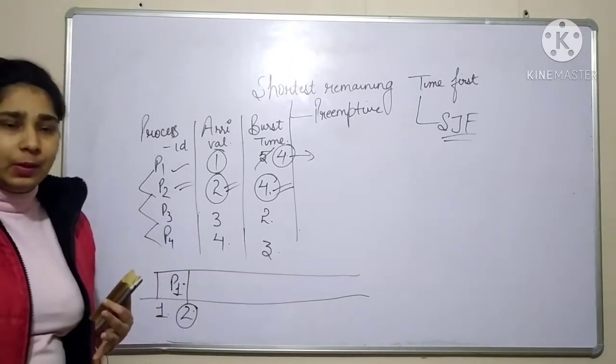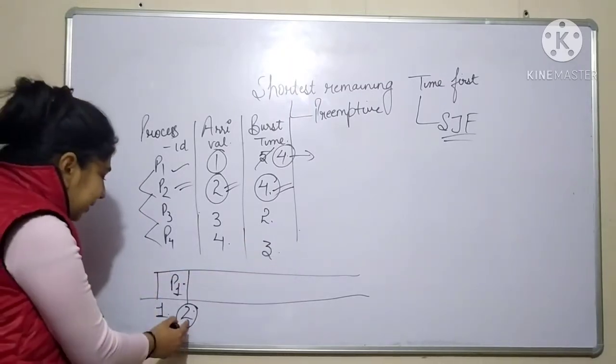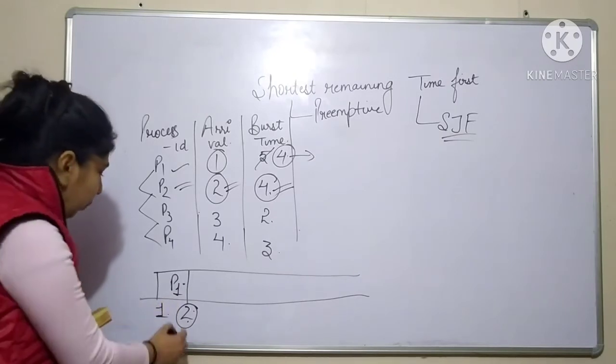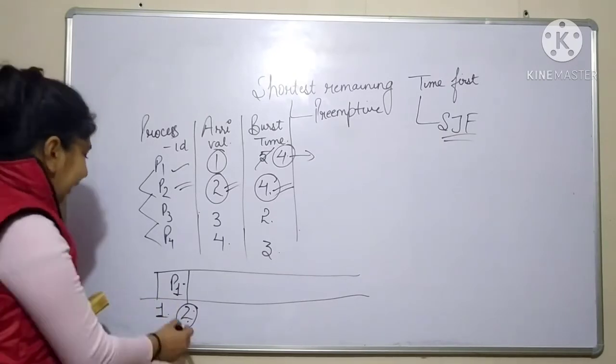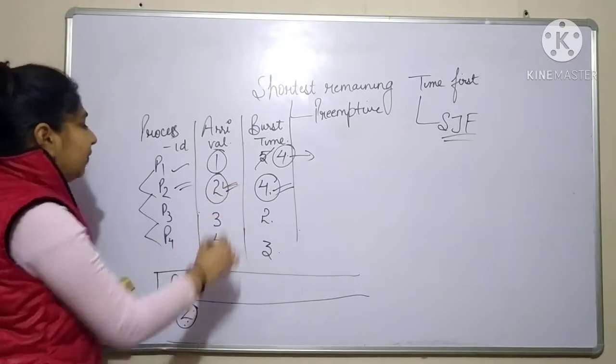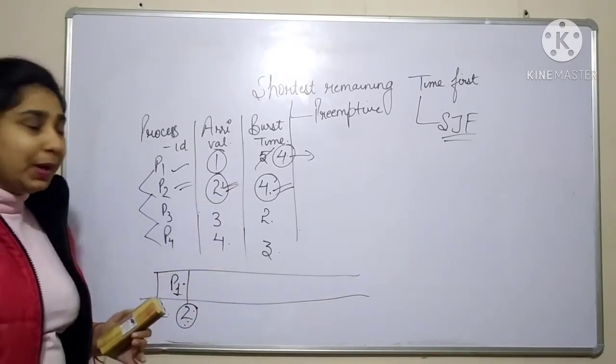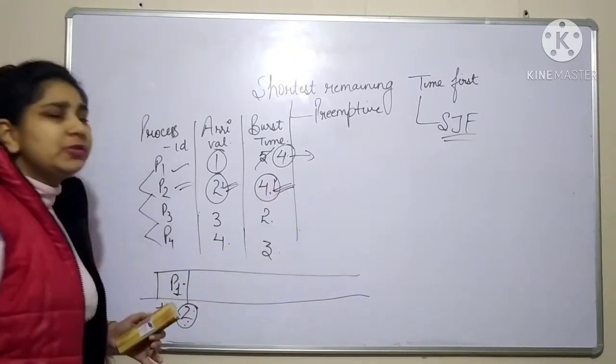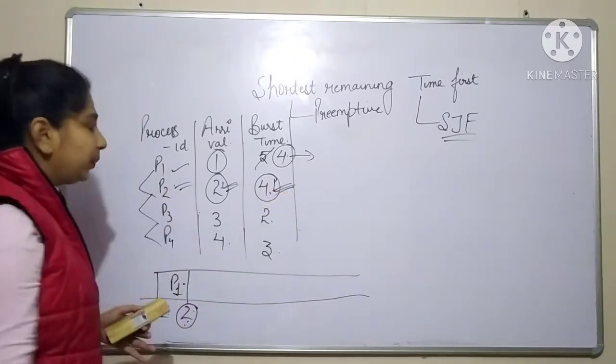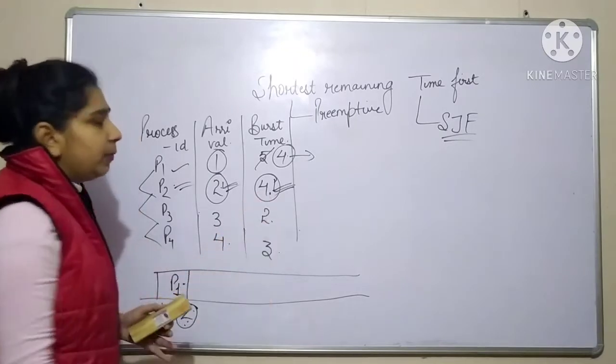Okay, so I executed process P1 for 1 unit of time, and at 2 I see that process P2 is present in the main memory. I will check the burst time of this process P2. Its burst time is 4.